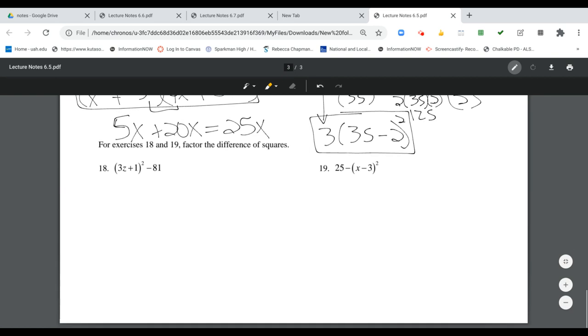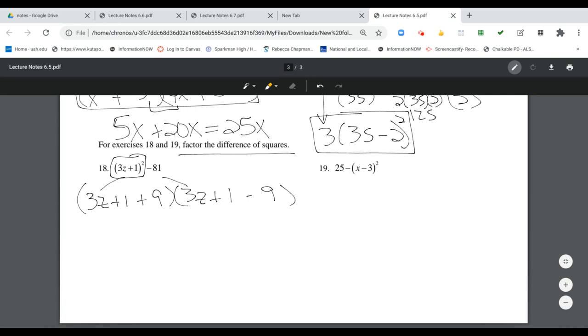Now, I do not think you're going to run across number 18 or number 19, but just to show you that these are different squares. This is a square. The whole group is considered a square. So when I factor that, I'm going to get 3z plus 1 twice, and then I get a plus 9 and a minus 9.